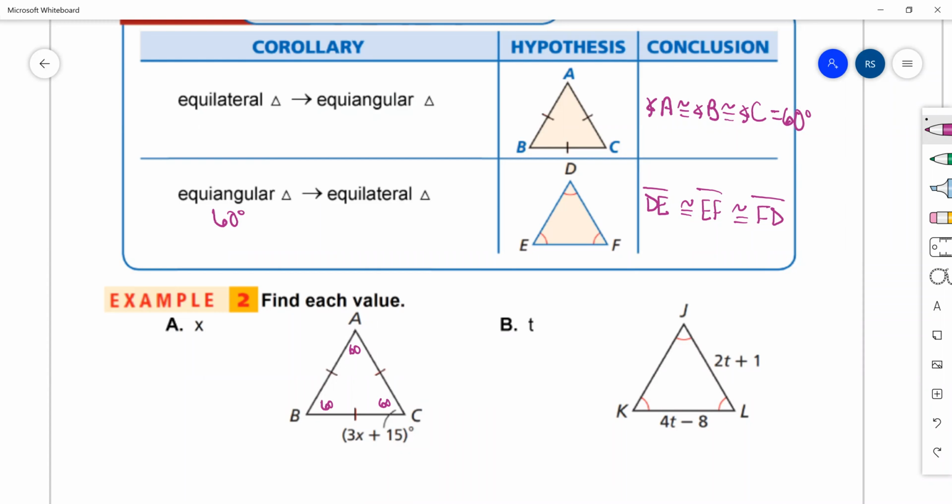Well, I know C is 60. So just say 3x plus 15 equals 60. Subtract 15. We get 3x equals 45. Divide by 3, and we get x equals 15.